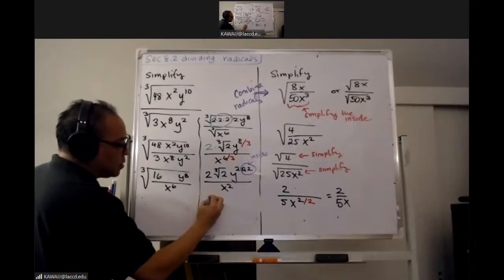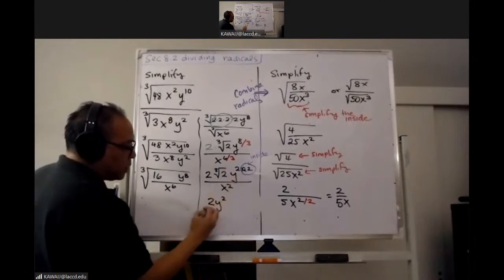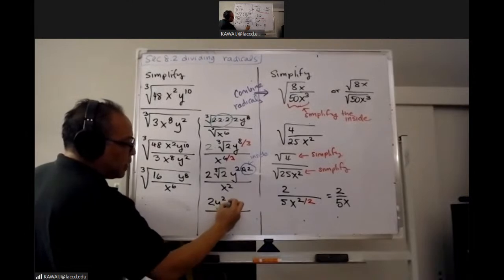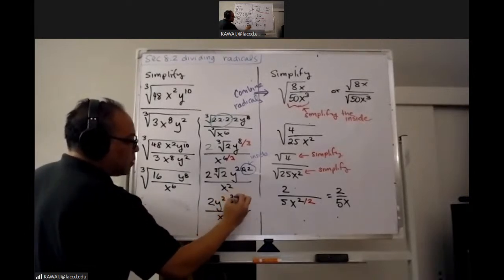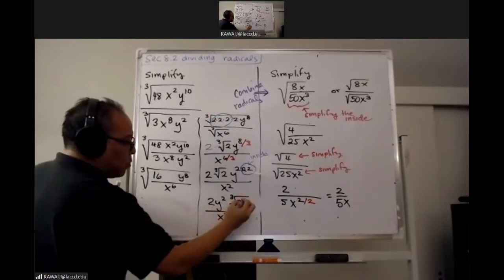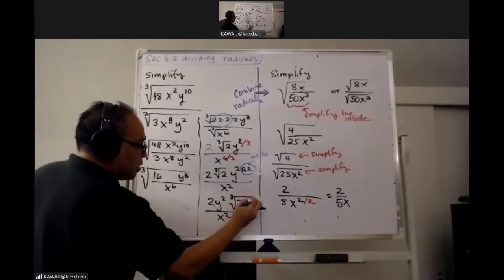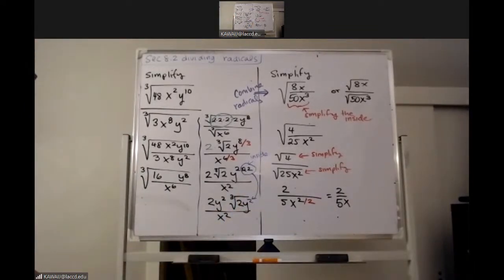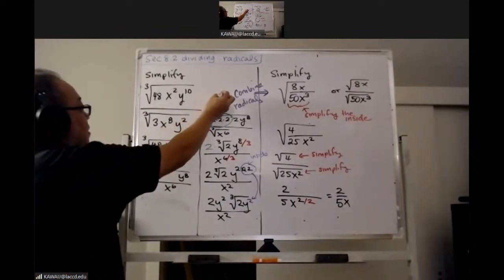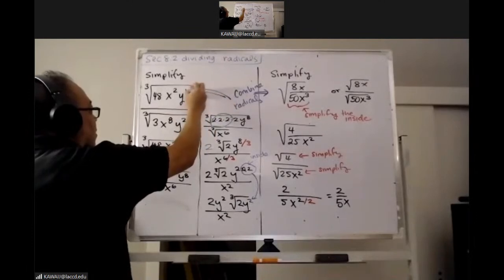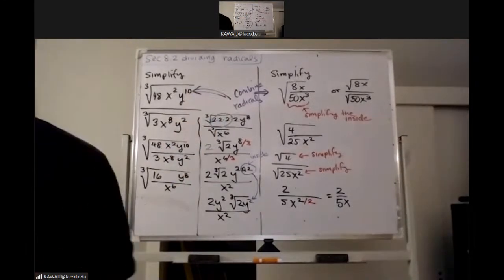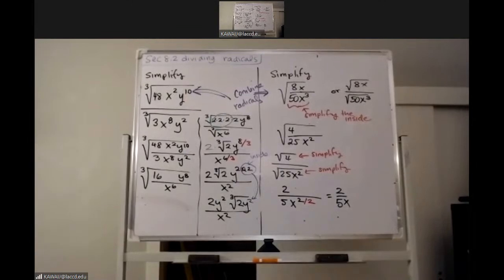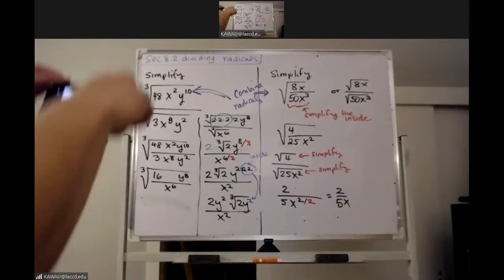So I get 2, that y squared, the x squared's on the outside, and then cube root 2 y, and this 2 comes from here. Let's take a picture.